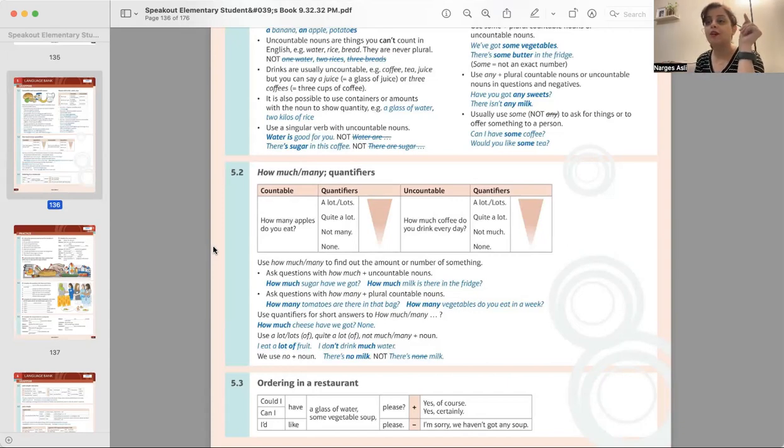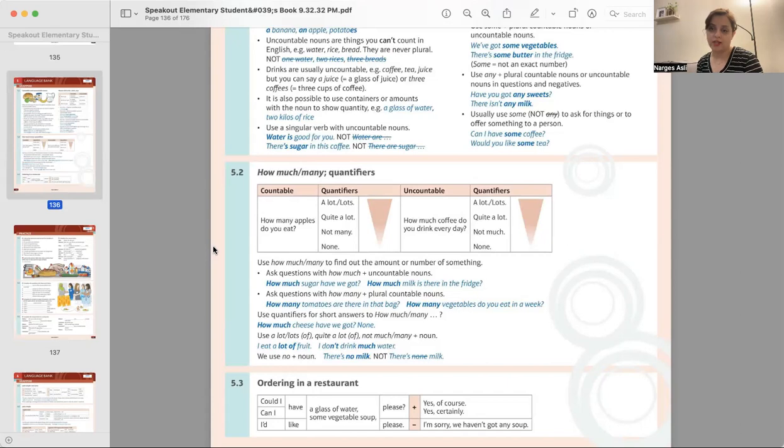A lot or lots for uncountable and countable. If you want to say that we have a lot of things, we have lots of things, you can use a lot and lots in both questions, for both uncountable and countable nouns. You can say a lot of water, and you can say lots of cups.